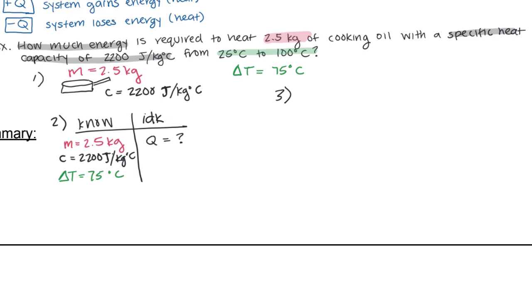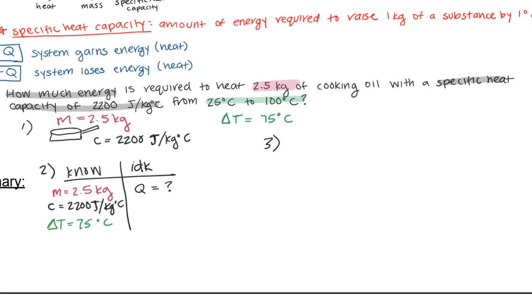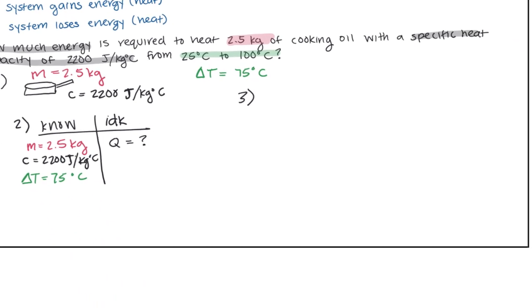We are going to use our equation to calculate heat, which is written as Q equals M C delta T. I like that equation because it rhymes. Now let's plug in our numbers. Our equation's set up properly, so we can start plugging those numbers in.